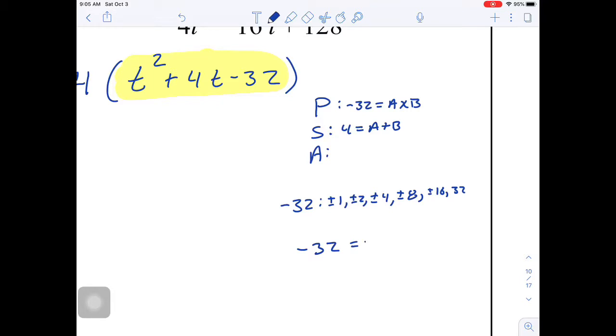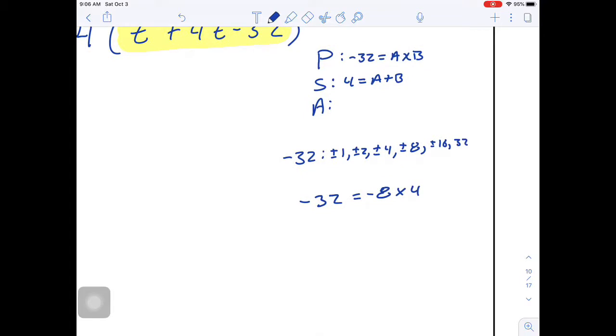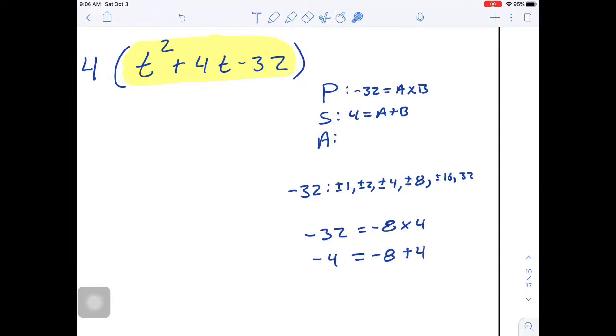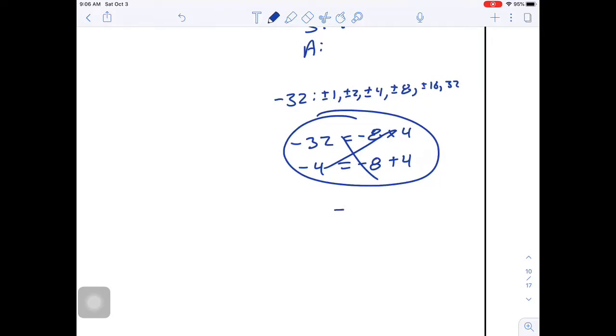So that could be like negative 8 times positive 4. Right, negative 8 times positive 4 gives you negative 32. What did these add to? So negative 8 plus positive 4, well, that gives me negative 4. I'm not looking for negative 4, I'm looking for positive 4. So that doesn't quite work, but recognize the sign was just off. So if the sign is just off, try flipping the signs of your answers.